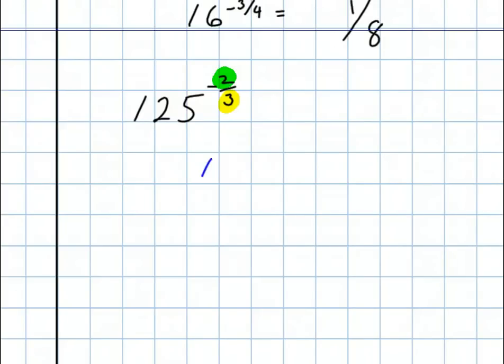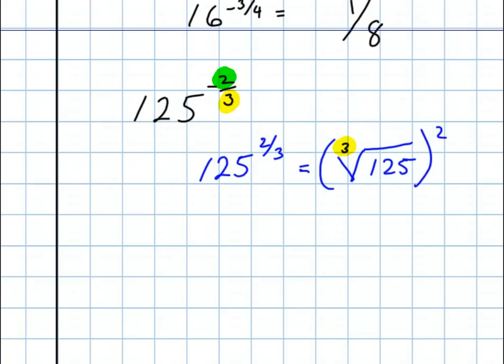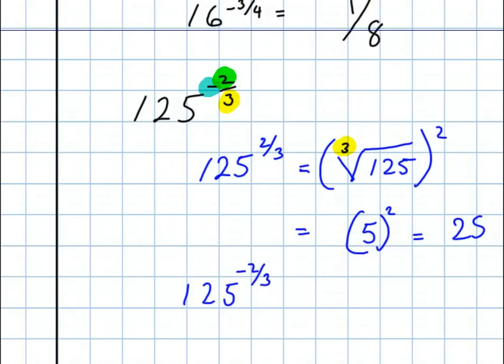So 125 to the 2/3 equals the cube root of 125 all squared. Now the cube root of 125 is 5, so it's 5 squared equal to 25, and then this minus in the index means it's 1 over. So the answer is 125 to the minus 2/3 is 1/25.